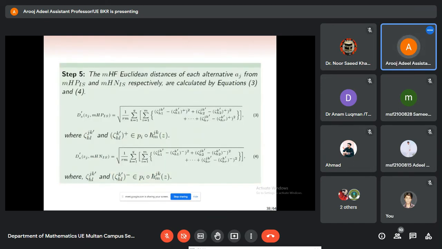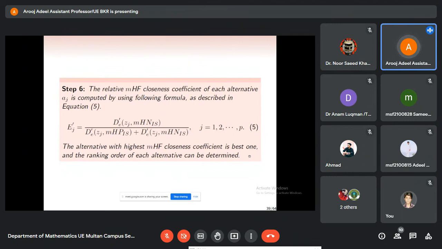In the next step, we have to find the M-polar hesitant fuzzy distance, which is basically the distance of the alternative from the M-polar hesitant fuzzy positive ideal solution and negative ideal solution. These are calculated using the formulas given in 3 and 4.